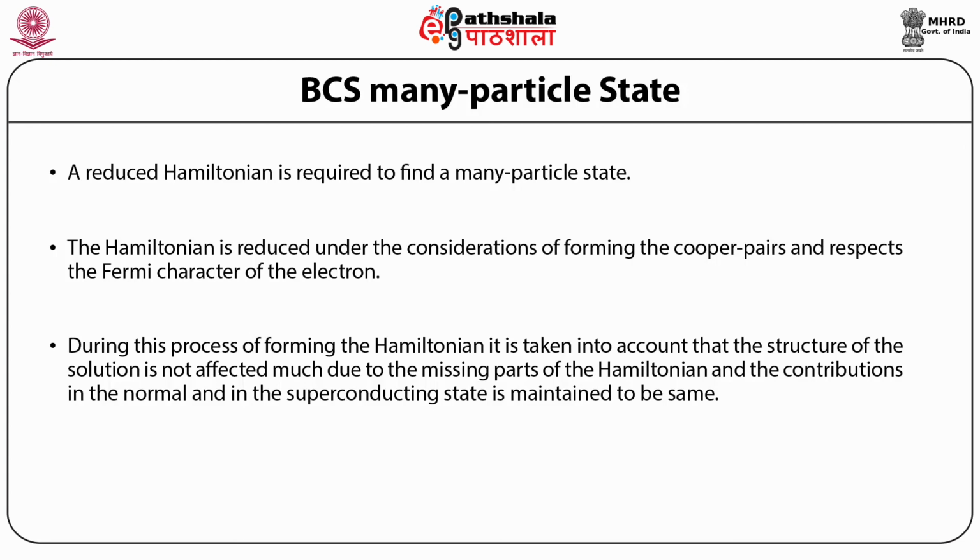During this process of forming the Hamiltonian, it is taken into account that the structure of the solution is not affected much by the missing parts of the Hamiltonian, and the contributions in the normal and in the superconducting state are maintained to be the same.